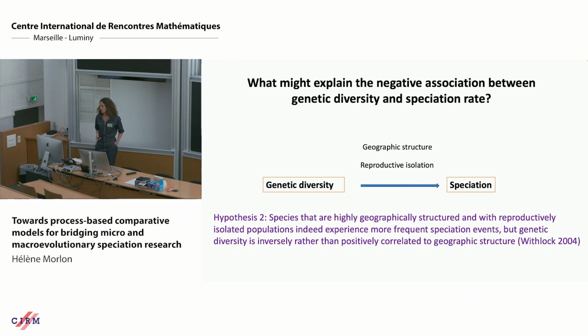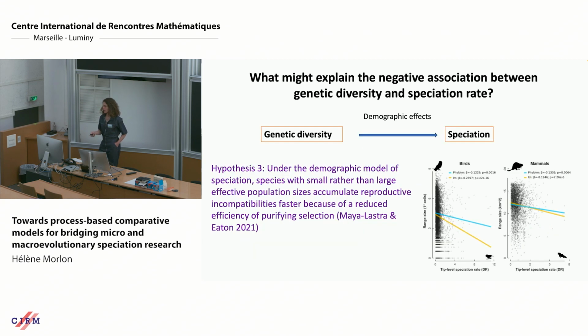So that's another hypothesis. And the third hypothesis is one where this could be explained by demography, with species with small rather than large effective population sizes that would accumulate reproductive incompatibilities faster because of a reduced efficiency of purifying selection.